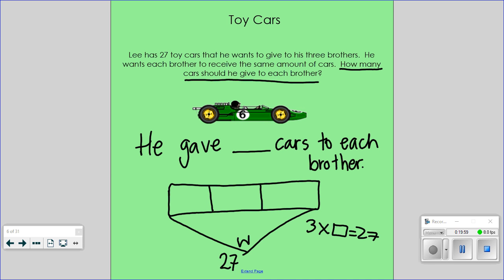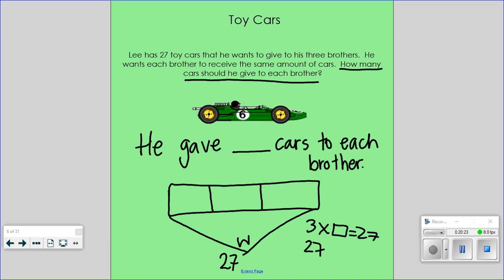When we are dividing, very similar to addition and subtraction, we can go the other direction. So when I divide, just like when I subtract, I start with the total amount of things. So my total is 27. I have 27 cars.